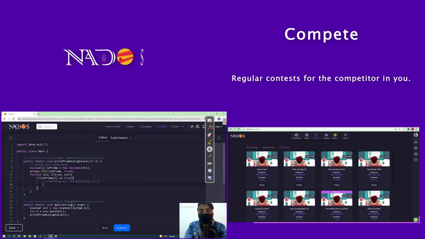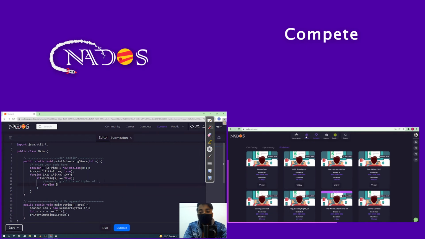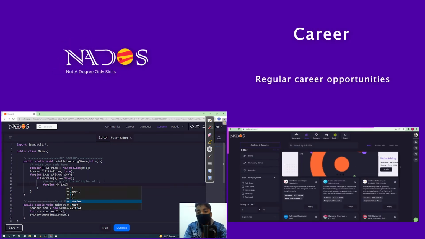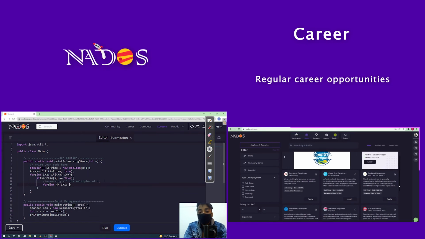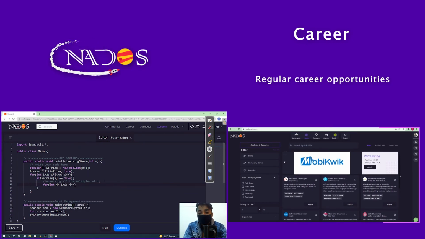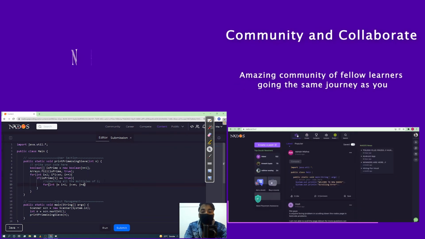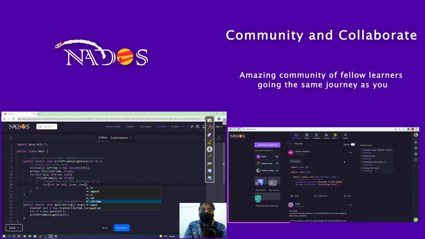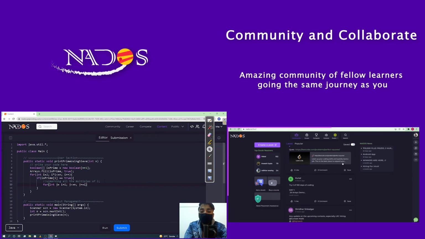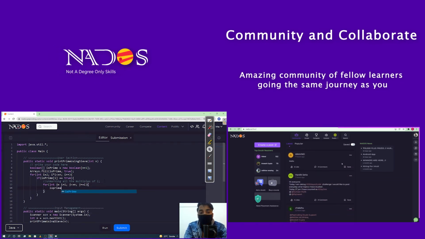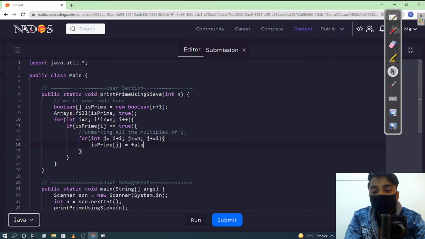Now here we will unmark, for int j. j will start from i into i, and it will go till n, and each time it will jump, increasing by i. And at j we will unmark it as false.